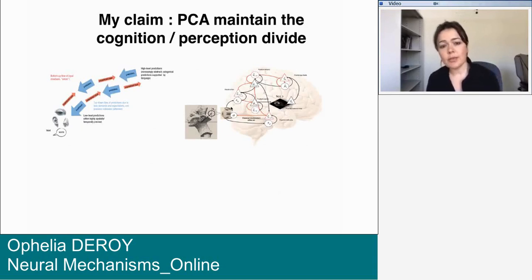And it's true that if you look at the lower part of this diagram, what used to be the privileged domain of perception, that is the fact that they would only have systems processing information in a bottom-up fashion, now it becomes very difficult to have the same definition because of, as I said, the well-evidenced importance of prediction at its earliest stages.